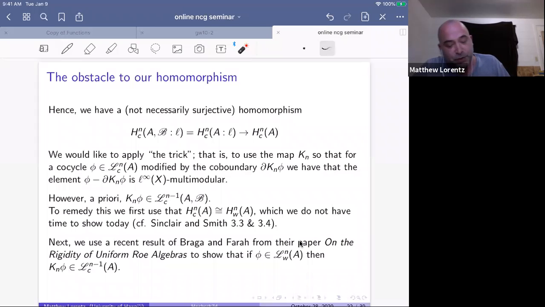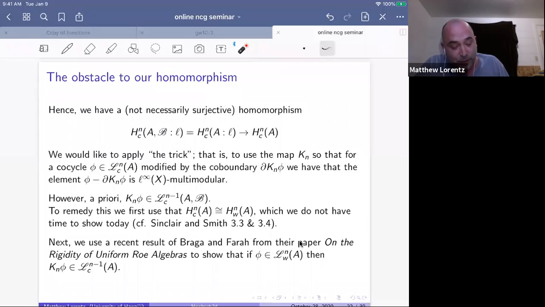Okay, so now we've got this not necessarily surjective homomorphism that we were trying to get, and we would like to apply the trick that Sinclair and Smith use. So we take a cocycle, we modify it by the coboundary, and then it'll be L infinity multimodular. However, K_n of phi might be landing in the bounded operators once we take it.